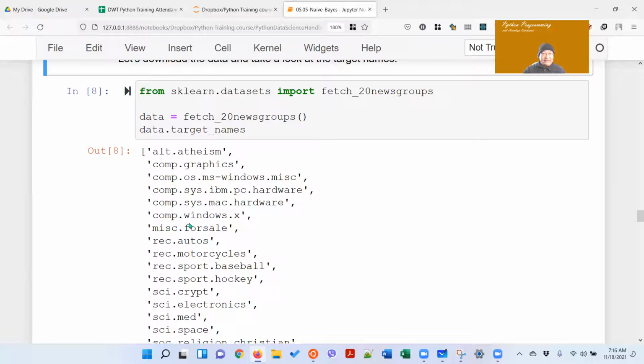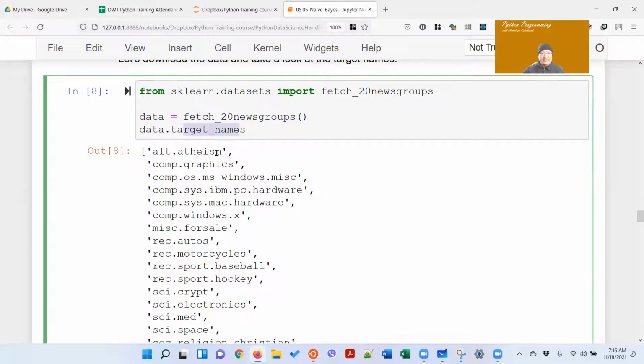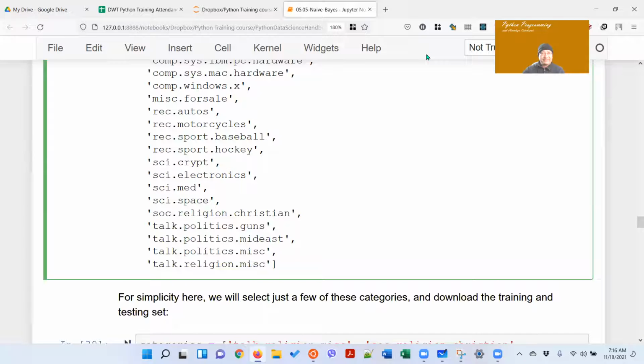So there are different categories. Those are the labels, the target names.